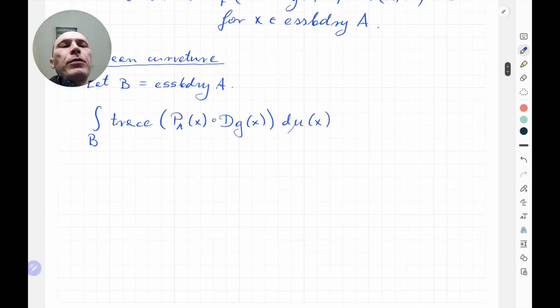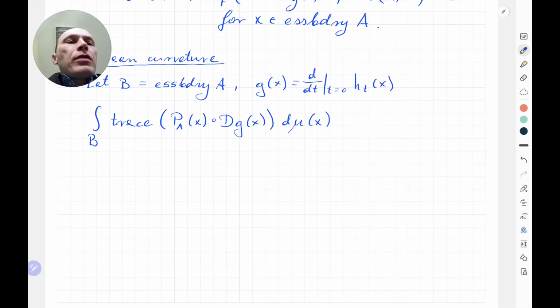and I have to define what G is. So G is just the vector field generated by this one-parameter family of diffeomorphisms, or to put it the other way around, this one-parameter family of diffeomorphisms is the flow of this vector field G. Okay.